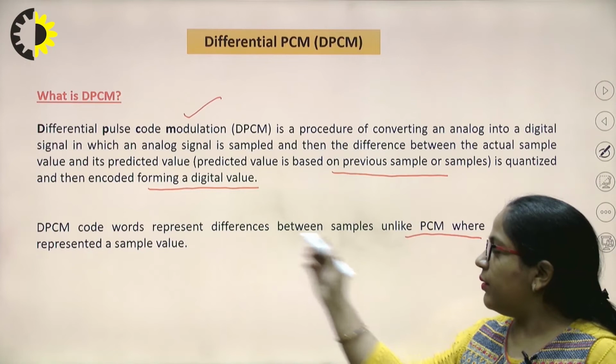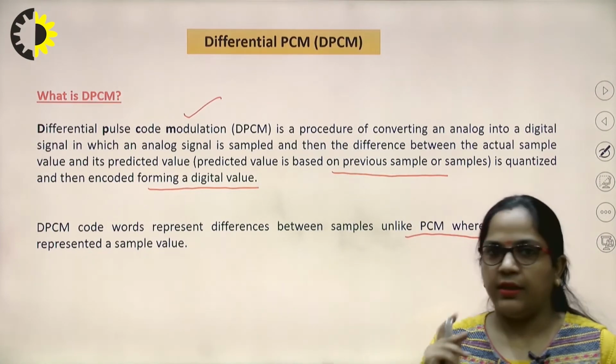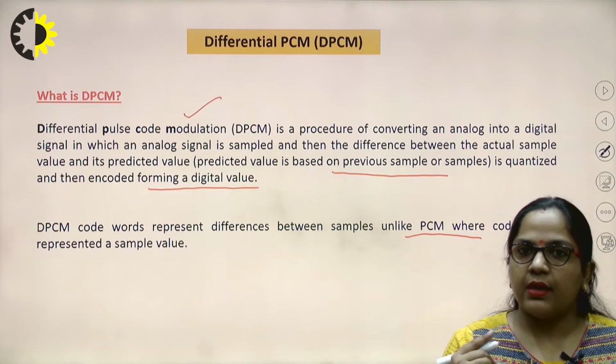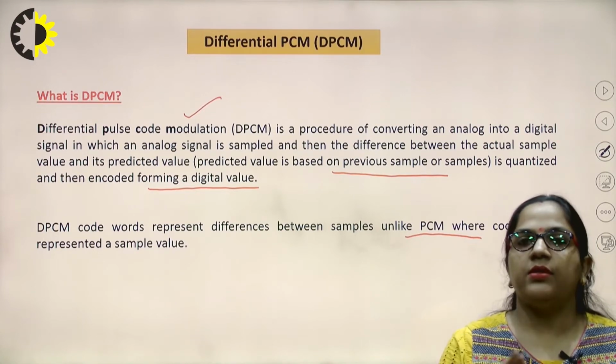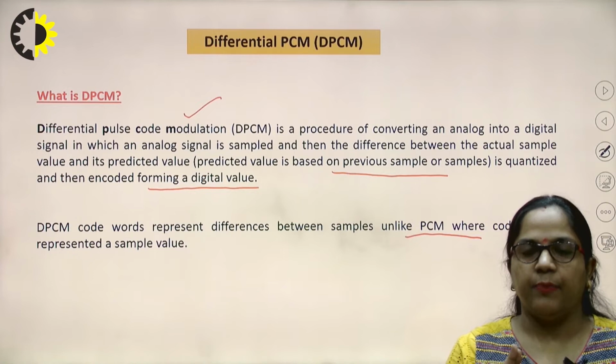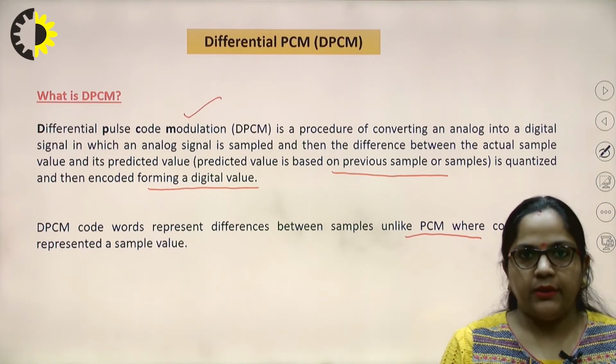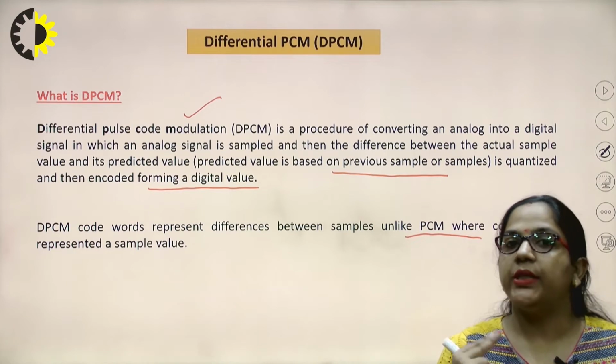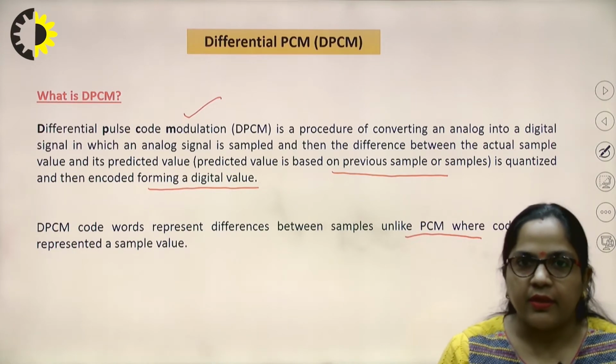So as we can understand from this fact, if we are encoding the difference of the two samples, then the number of bits required to represent each sample will be reduced.